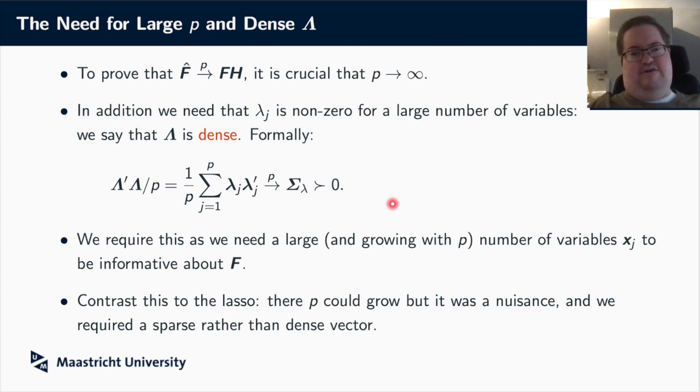And so this is a very different setup from what we had for the lasso and penalized regression. There we said yes, p can grow, but we were concerned with how large it could grow, and we did not want it to be too large, and everything should be sparse. So it was really a nuisance. There we really had the high dimensionality, which made life difficult.